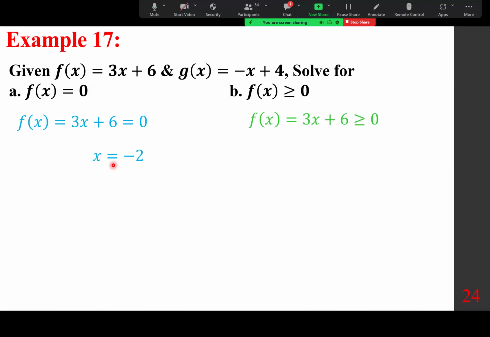Basically, the same thing, but greater than or equal because you move the 6 and divide by 3. And you're done. But in interval notation, this would be bracket negative 2 to infinity.